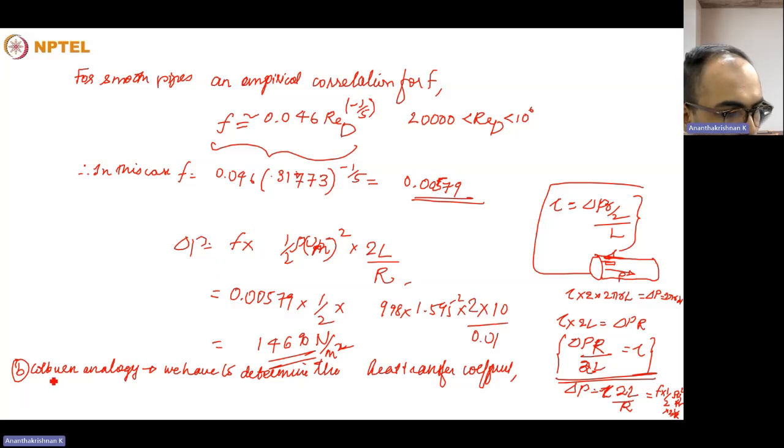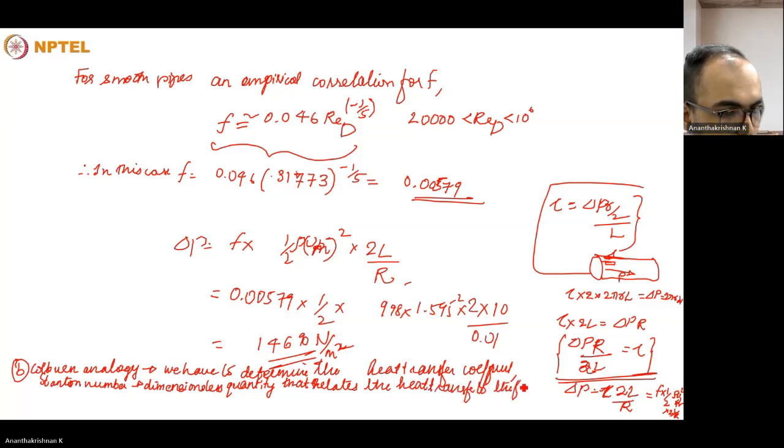The Stanton number is a dimensionless quantity that relates the heat transfer to the fluid to the thermal capacity of the same fluid.